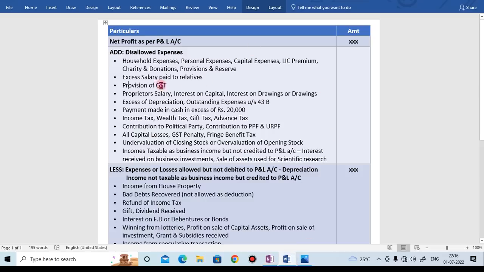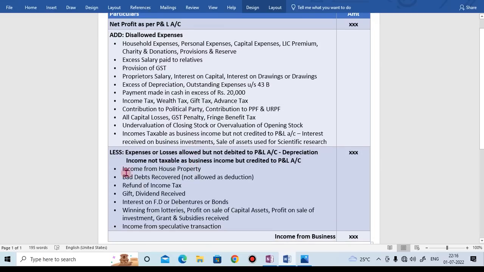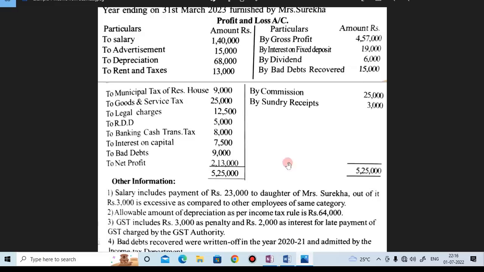See, all the disallowed expenses we have taken into consideration as well as the value. After disallowed expenses, what is written? Less expenses or losses allowed but not debited to P&L account. In the question you need to check the expenses which are given in the adjustment.